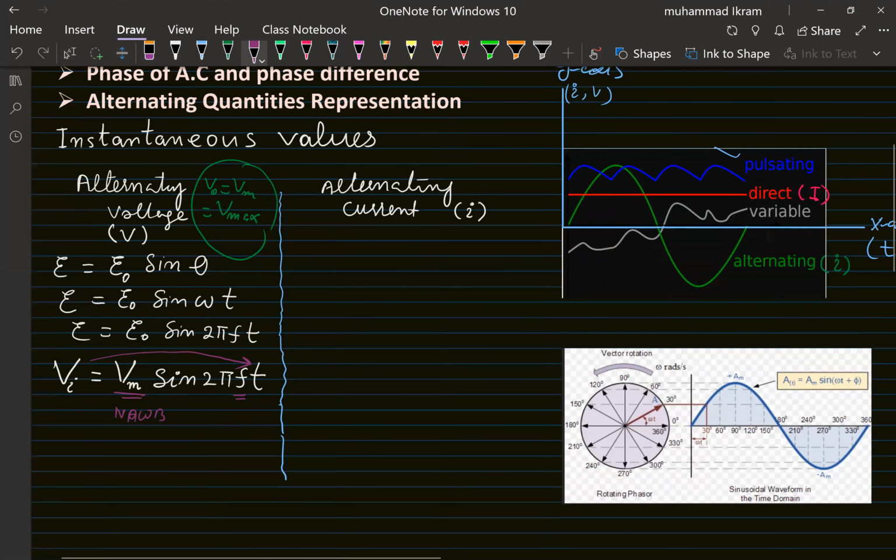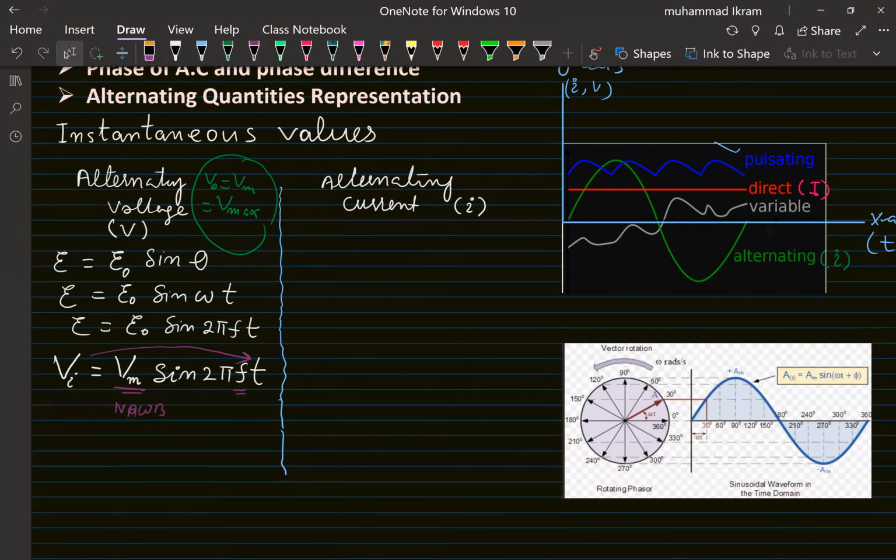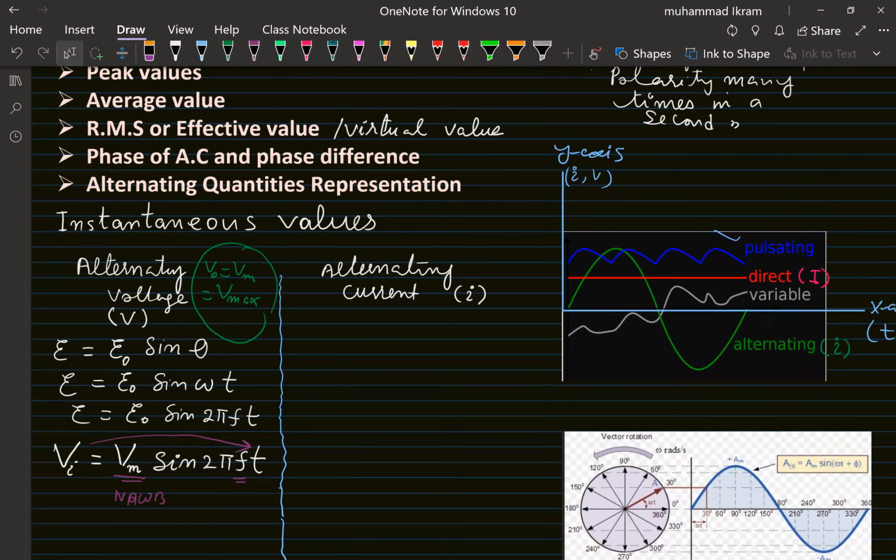So the instantaneous value is in fact the value of the alternating quantity at any instant of time.